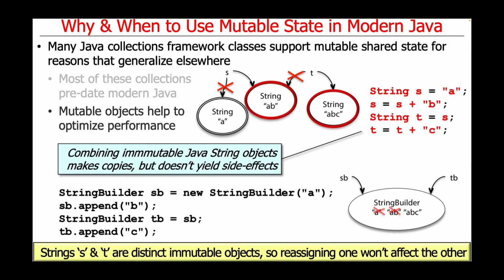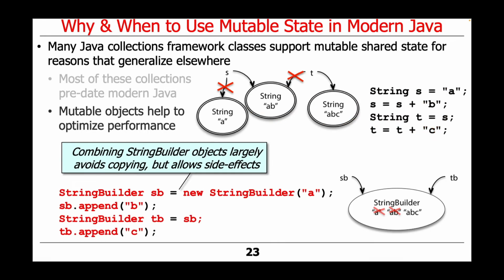However, this code has no side effects. In particular, since strings S and T are distinct immutable objects, reassigning one has no impact or effect on the other.